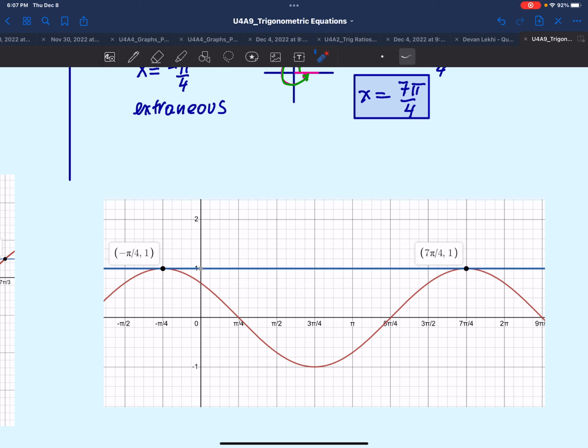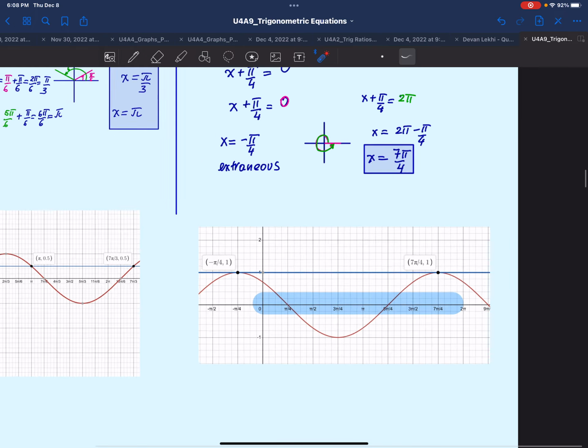So the only point where the value of the cosine would be equal to 1 is at 7 pi over 4, as you can see. And we are talking about the domain between 0 and 2 pi. So the only point where the cosine has a value of 1 would be at this particular angle.